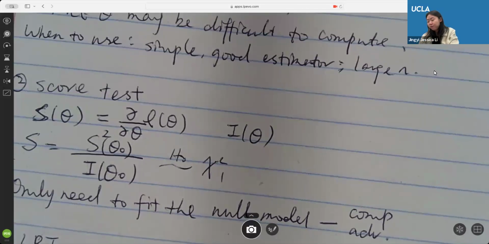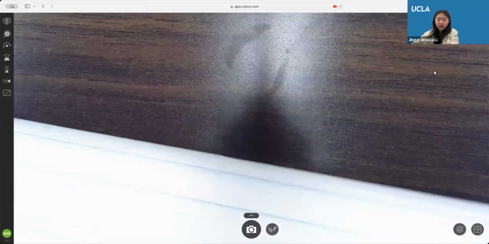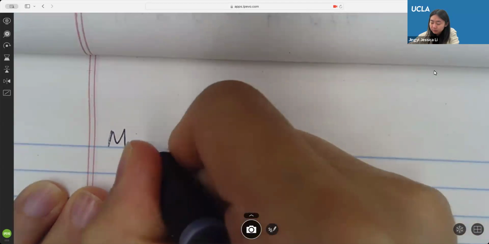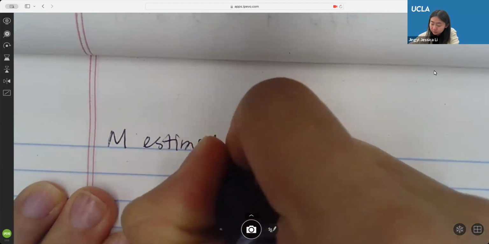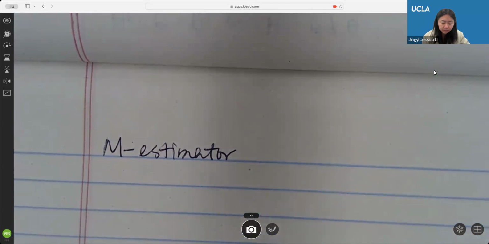Okay, and finally, I'll talk about a generalization of our MLE, and this is called the M-estimator. And you may see this in some contexts. What does it mean?